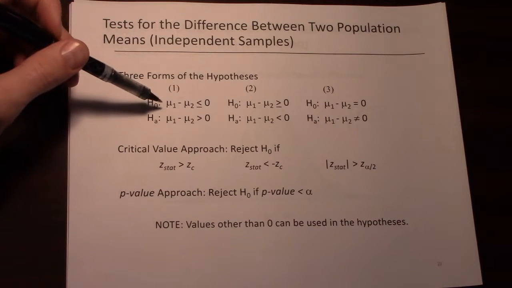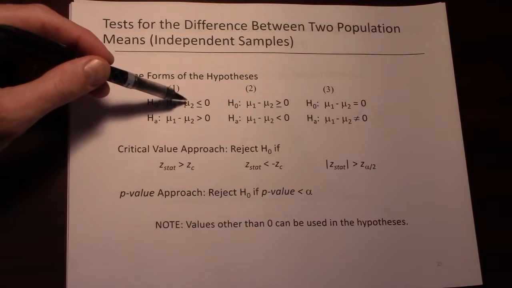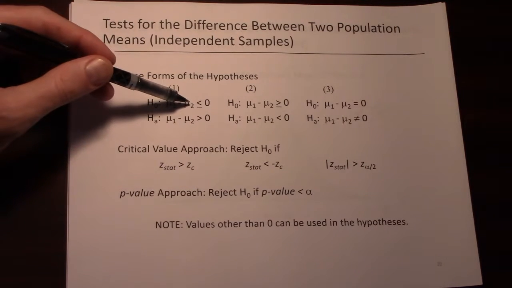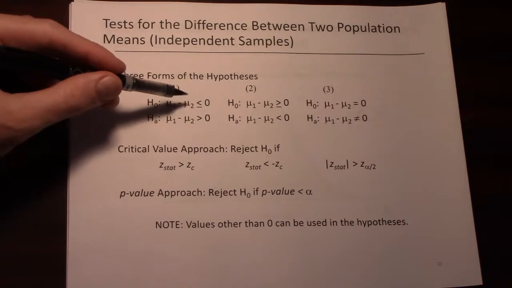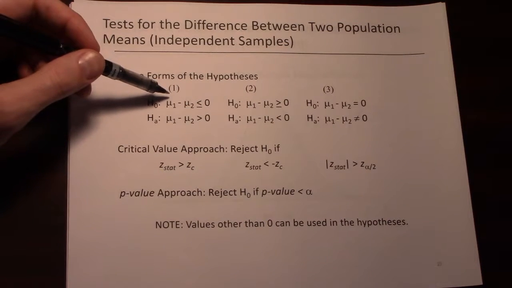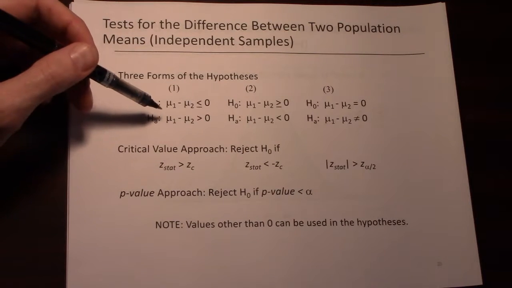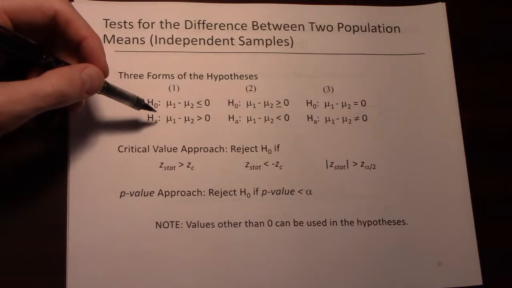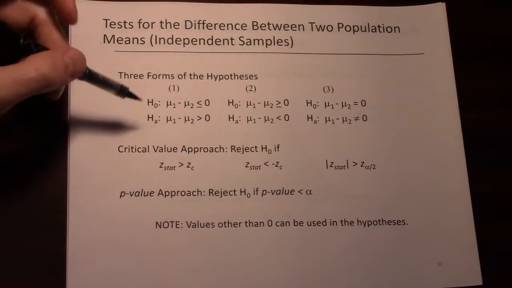We might be saying, hey, this town has a lower income than town 2, all the poor people live in town 1, all the rich people live in town 2. So when you take the average income in town 1 minus average income in town 2, you're going to get a negative number. And then someone comes along and says, wait a minute, no, that's not true. I think it's the other way around. So let's look for evidence and see if we can disprove your null hypothesis.